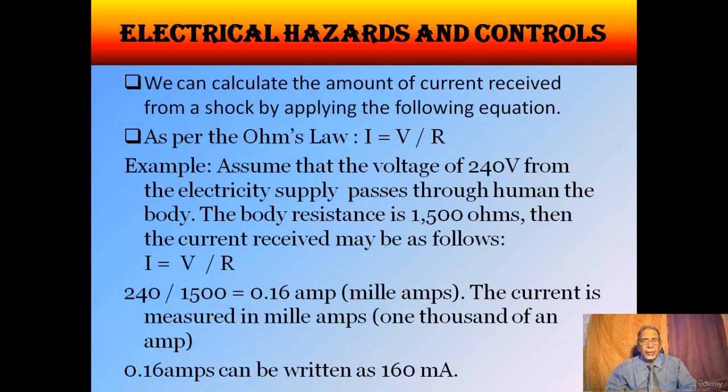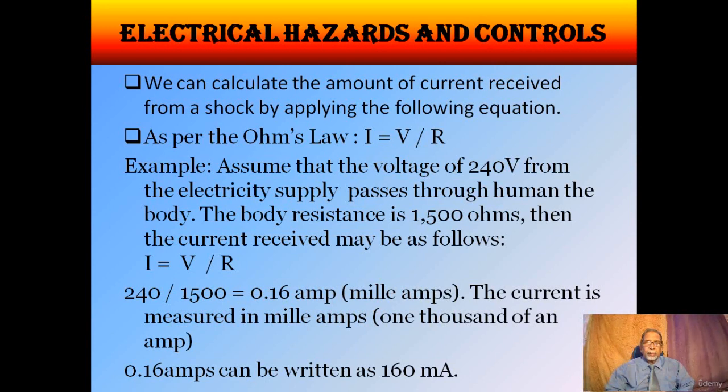We can calculate the amount of current received from a shock by applying the following equation. As per Ohm's law, I equals V divided by R. Consider an example: assume a voltage of 240 volts from the electricity supply passes through a human body whose resistance is 1500 ohms.